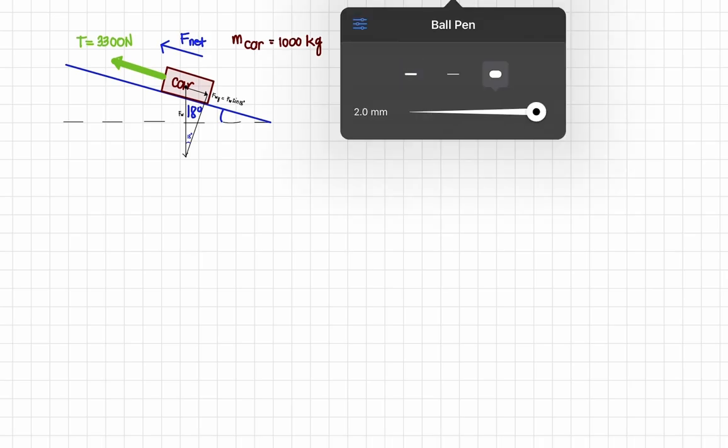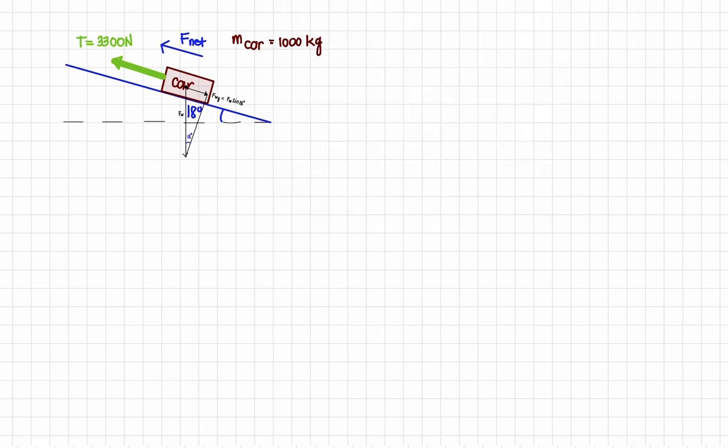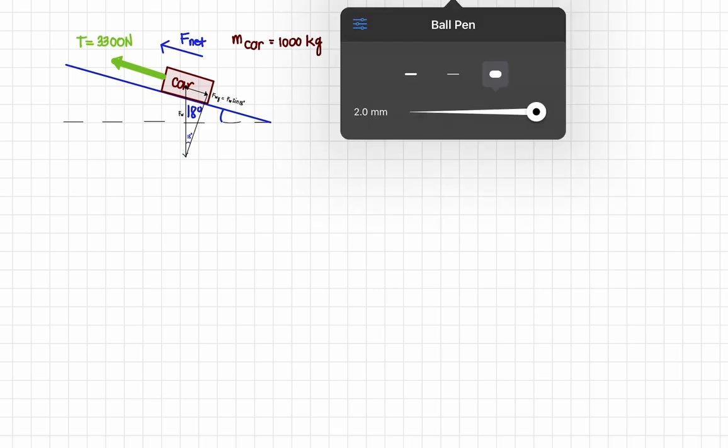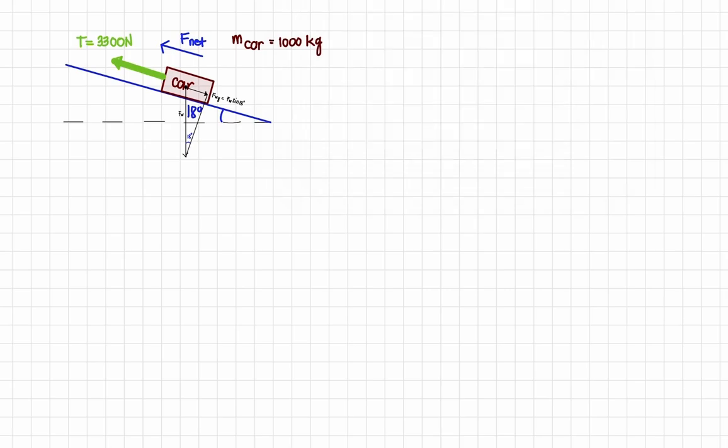So F net is equal to the tension minus FWY. F net is MA. We have the tension minus, what is FW? This FW sine of 18 degrees.